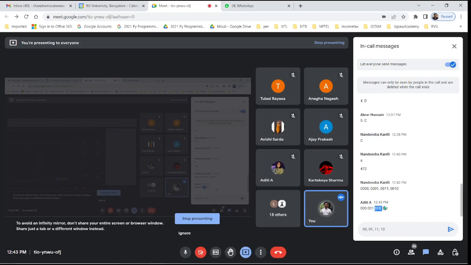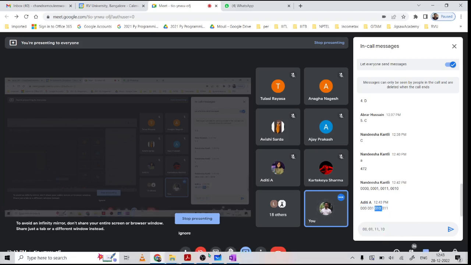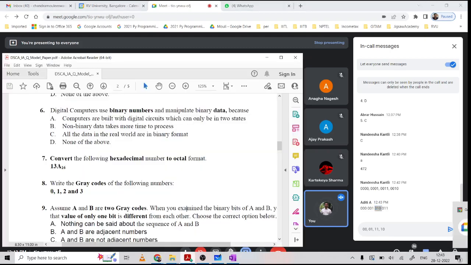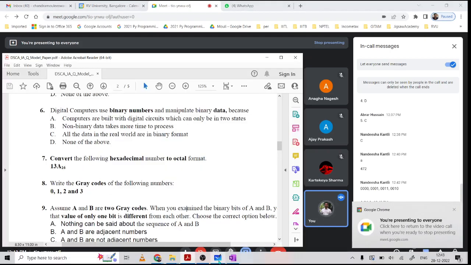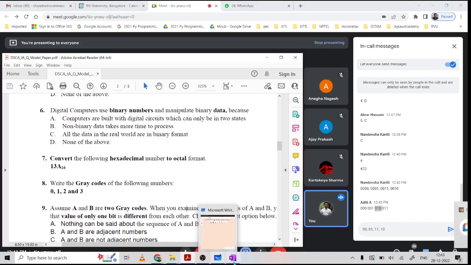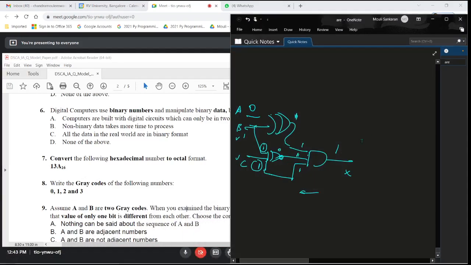Aditi wrote it this way, but what you have written, Aditi, is a binary representation. What the question is asking for is a gray code. Please remember, you need to look at the slide of gray code, which is a mirror image.